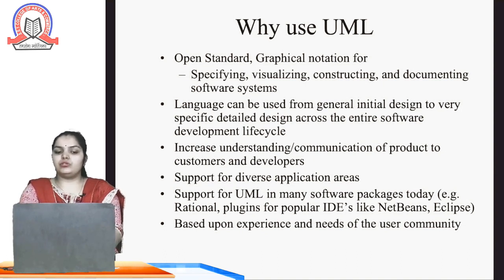It supports diverse application areas, and UML is supported in many software packages today, for example Rational, plugins in NetBeans, Eclipse, everywhere. It basically depends upon the experience and the needs of the user community.